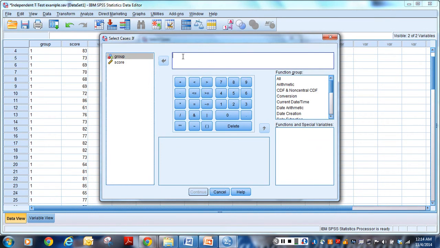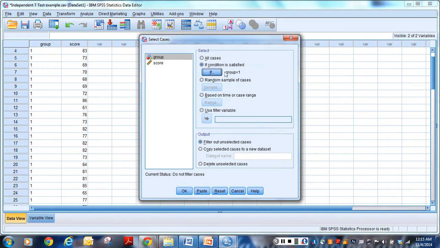Notice that my group variable is highlighted. I only want to focus on the data in group 1. So I'm going to type in group equals 1, and click continue.